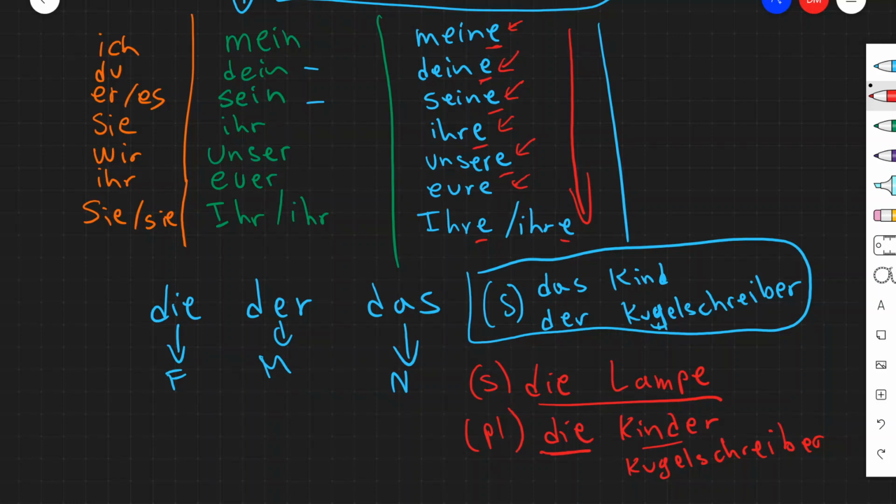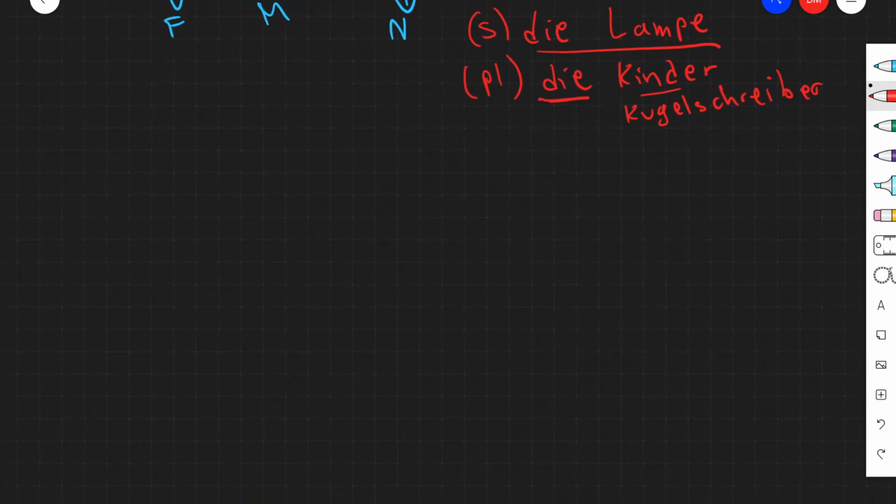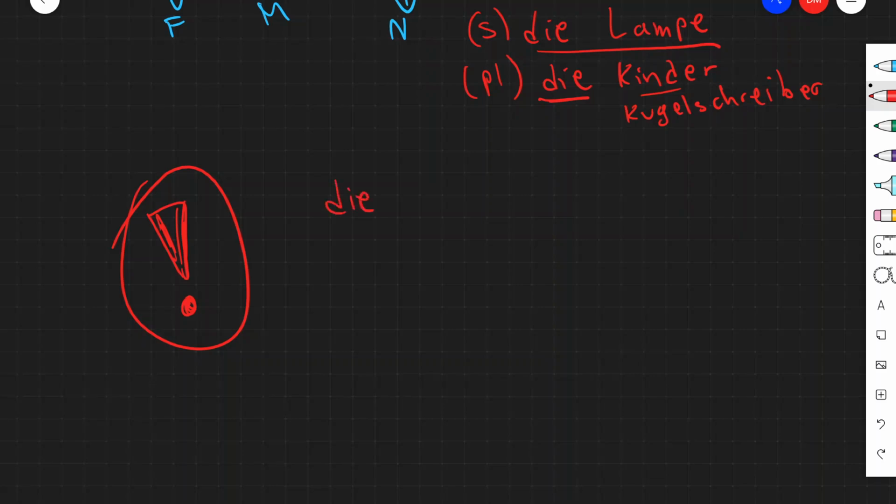So the overarching general rule, let's write it down here. Let's make a big sign, just so you know that it's really important. So if the article is die, whether the noun is in singular or plural doesn't matter.